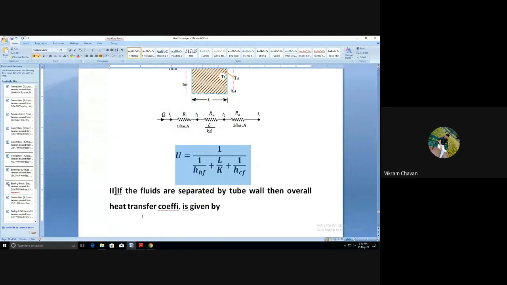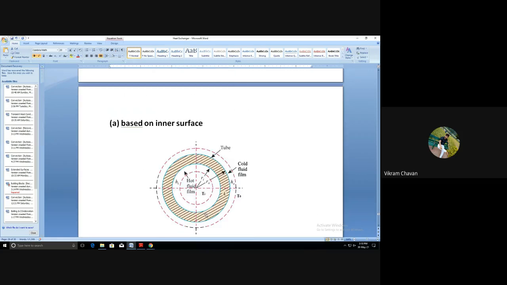If the fluids are separated by tube walls, then the overall heat transfer coefficient is given as... So you can draw this diagram.